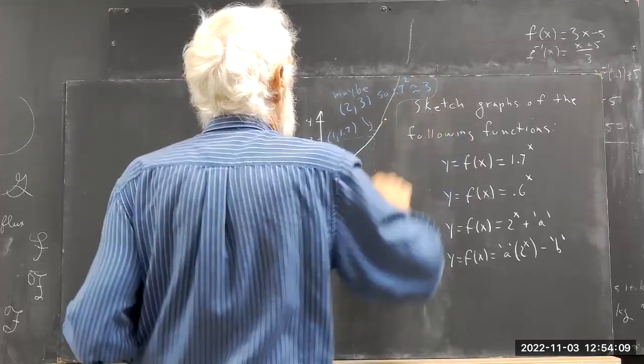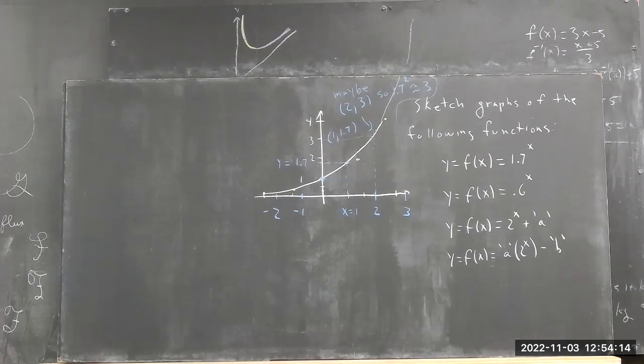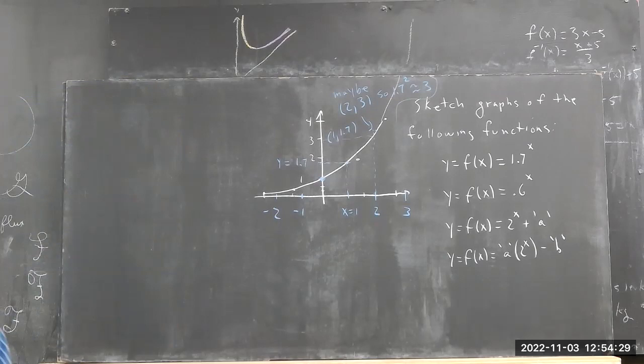So 1.7 squared would be about 3. Maybe a little less than 3, maybe a little more. Well, it's easy to square 1.7. If you know your multiplication tables up to 20, you know 17 squared is 289. So 1.7 squared is 2.89. Meaning 3 wasn't a bad estimate.